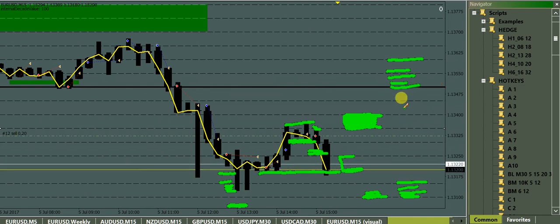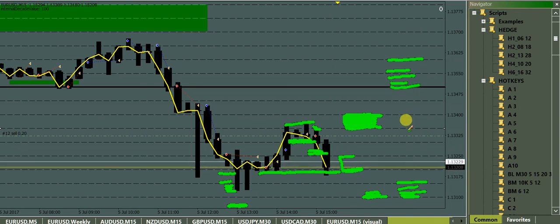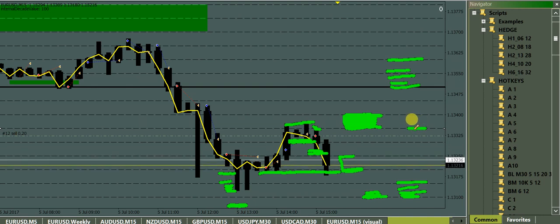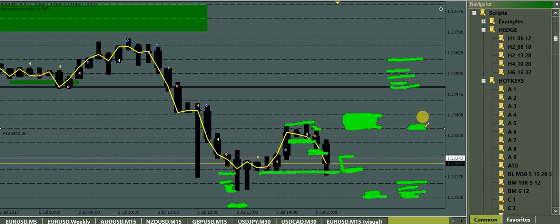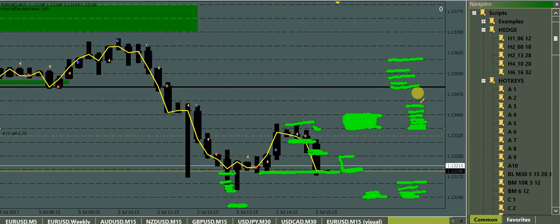And maybe go as far as to say, this is 2/10 of a pip gap, now 4/10, now 6, now a whole pip, now 2 pip, now 3 pip.